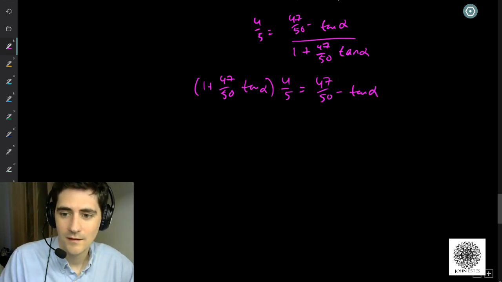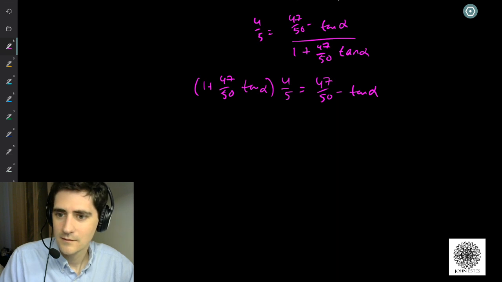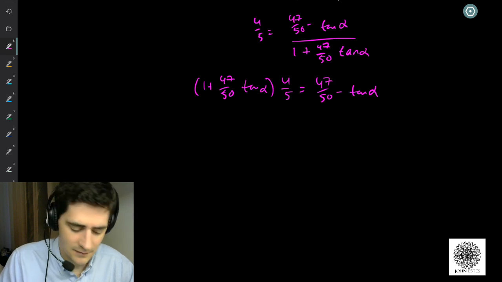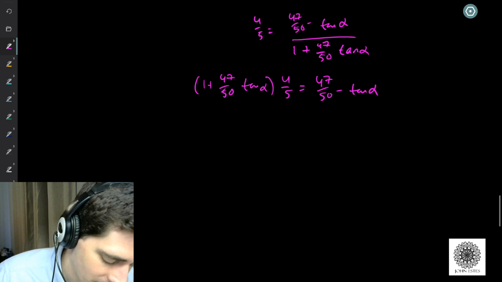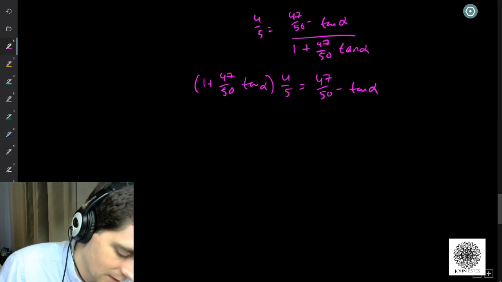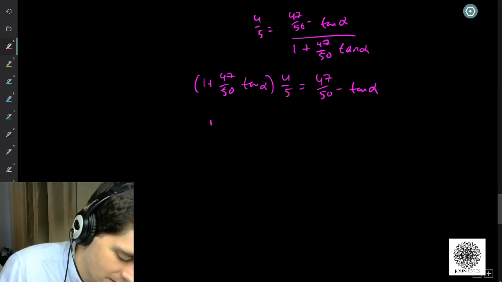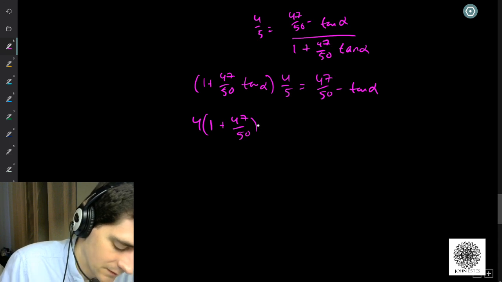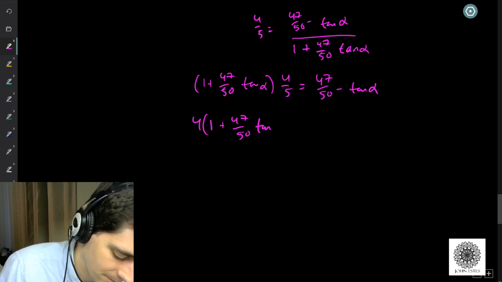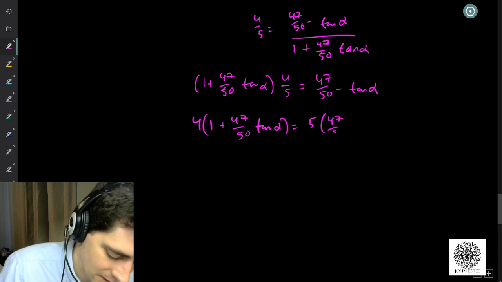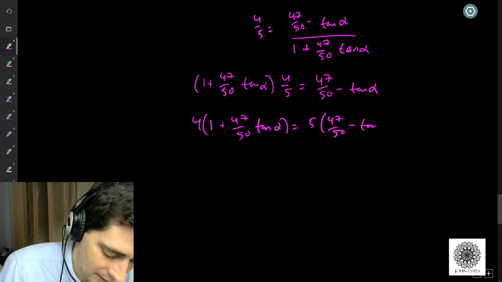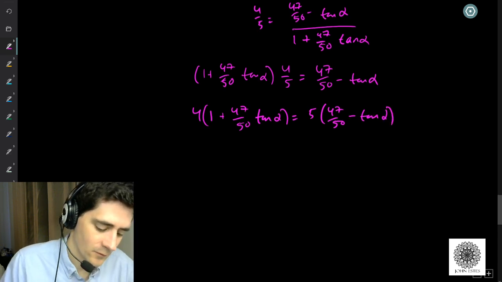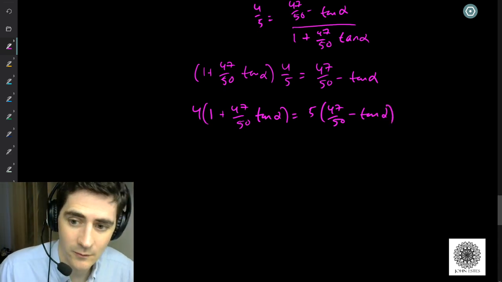All right, and from there, what would I do? How about I multiply both sides of my equation also by 5? The reason I like to do that is because now I have 4 times 47/50 tan alpha equals 5 times 47/50 minus tan alpha. It got rid of the 4/5, and it's going to reduce some of my work.